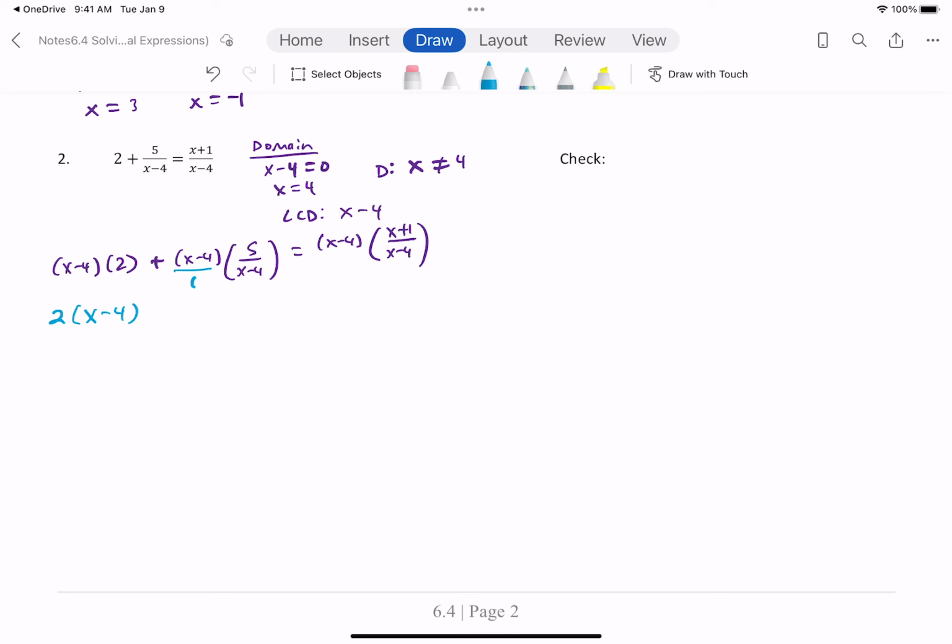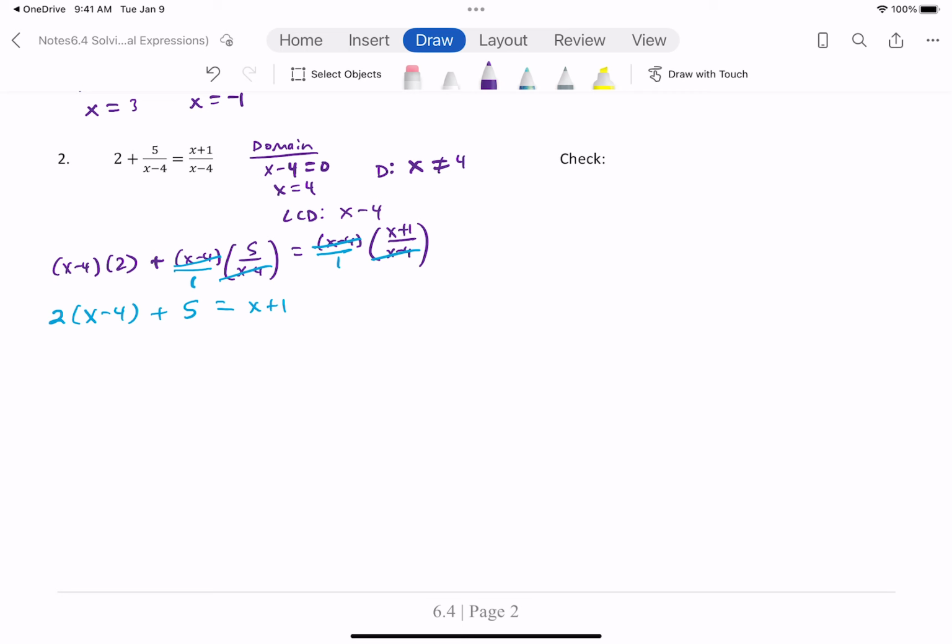In the second one, we do have an x minus 4 and an x minus 4 match that we can cancel. So I'm just left with plus 5. And for the last term, we also have that x minus 4 that we can cancel, and I'm left with x plus 1.